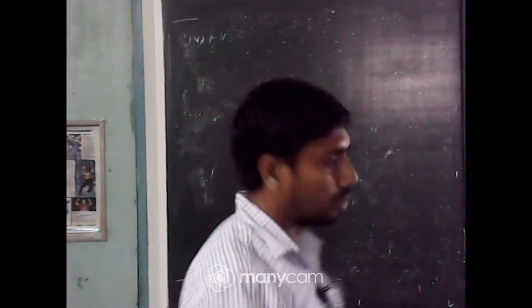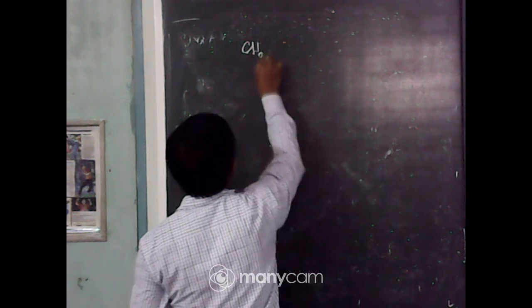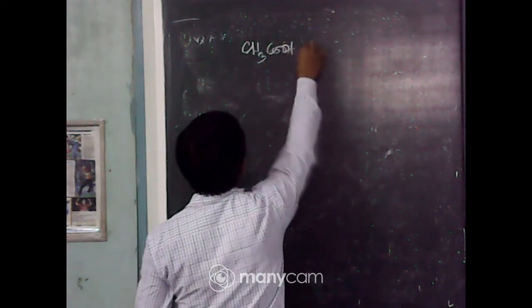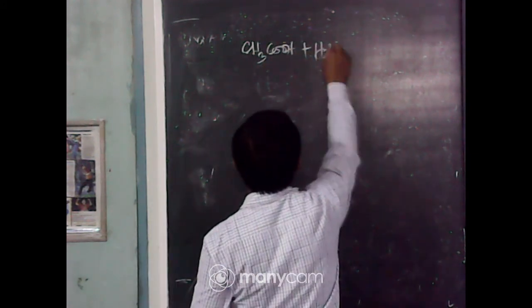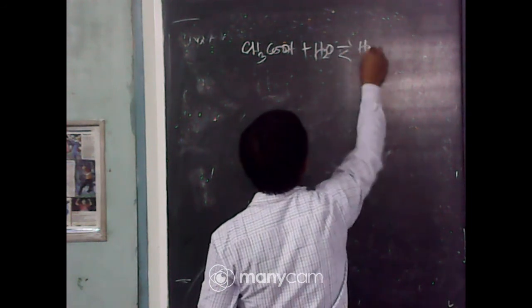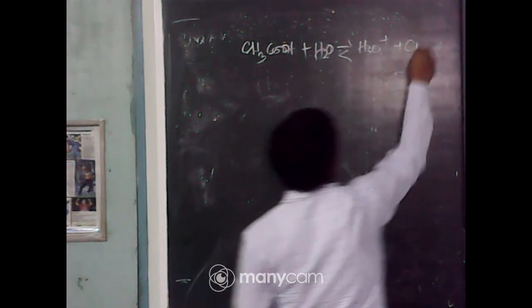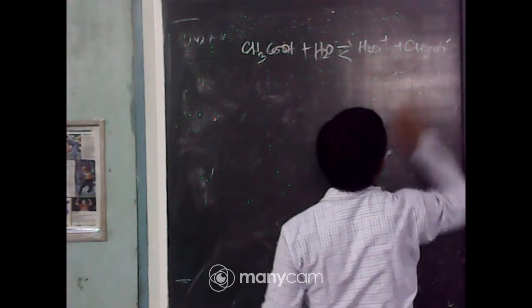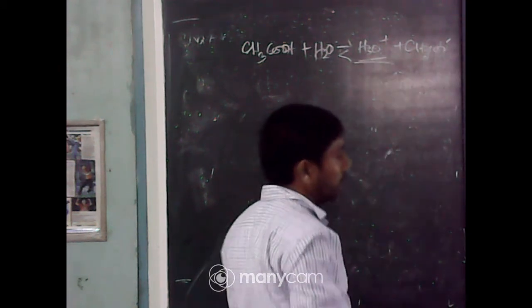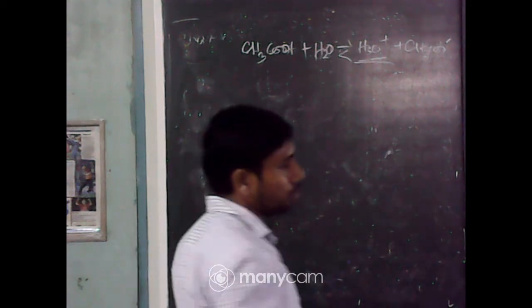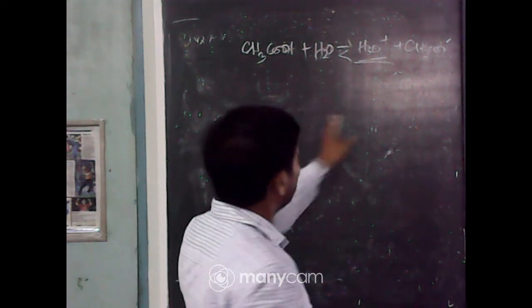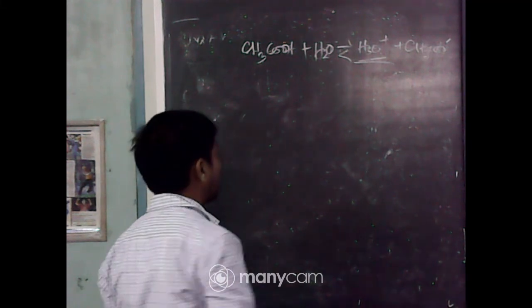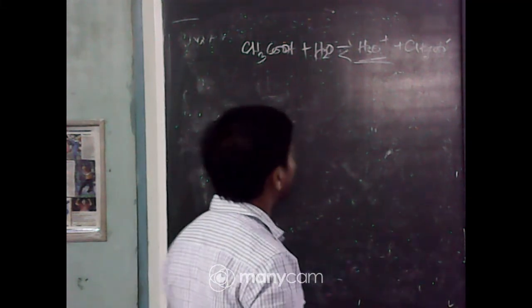Now, from the dissociation equation, we can calculate the concentration of H3O plus. So, first of all, writing down the dissociation equation, CH3COOH plus H2O forming H3O plus and CH3COO minus. If you have the value of concentration of H3O plus, then we will easily calculate the value of pH.